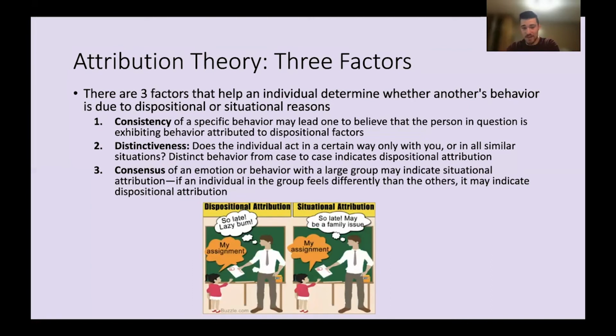That's dispositional attribution, because he is attributing the characteristic of being lazy to the girl, and that is the reason why she handed her assignment in late. Situational attribution, he may say something like, so late, maybe a family issue. So he's sort of giving the girl the benefit of the doubt, and he's saying maybe it's a situational reason. It's not just because this little tiny girl is a lazy bum. Maybe she's having family issues. So that's the difference. Same situation, two different viewpoints.